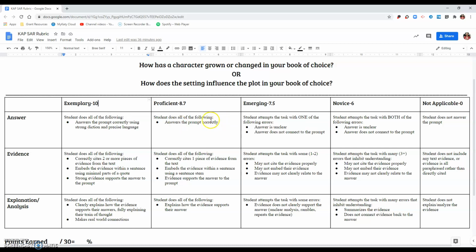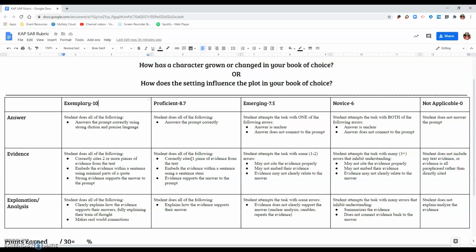So I'm going to read this very carefully. For my answer, I'm supposed to answer the prompt correctly. Okay, and then for my evidence, I need to correctly cite one piece of evidence from the text. So notice how this rubric is telling me exactly how many pieces of evidence I need to cite and how to cite them. I'm going to embed the evidence within a sentence using a sentence stem. I'm going to support the answer.